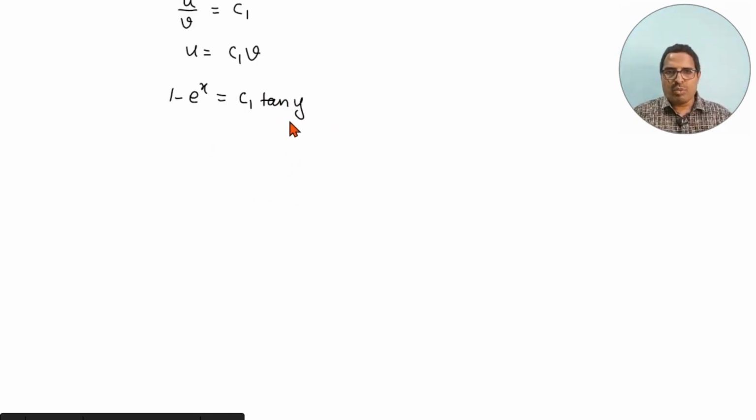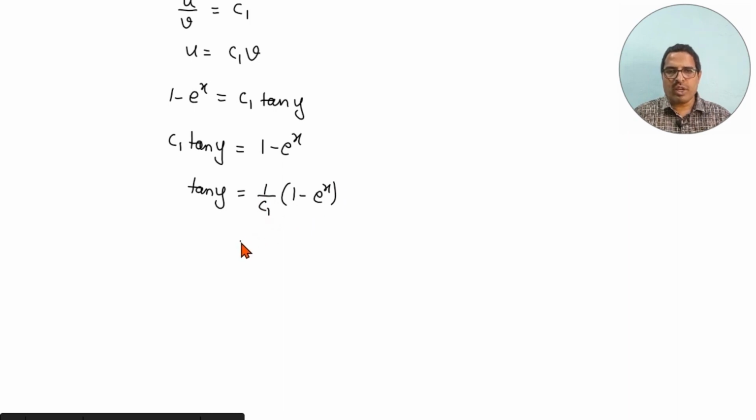So if you want to express the solution in terms of tan of y, then you can just rewrite this as c1 tan of y is equals to 1 minus e power of x, or tan of y can be written as, you can just cross multiply, it becomes 1 by c1 times of 1 minus e power of x.